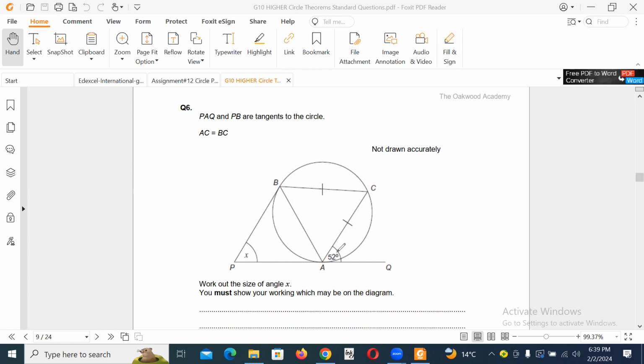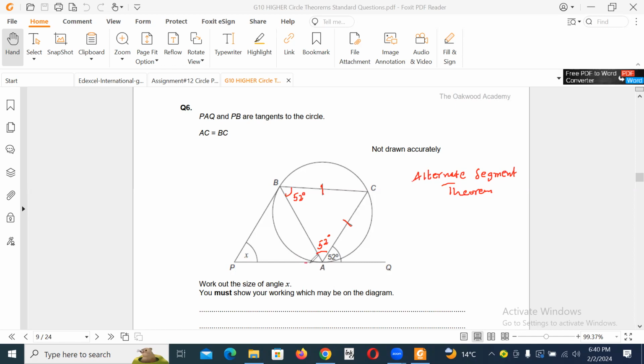The angle between the tangent and the chord is exactly opposite here, 52. These two lines are equal, so the base angles are the same. So this one is also 52. We use the alternate segment theorem and the isosceles triangle concept.